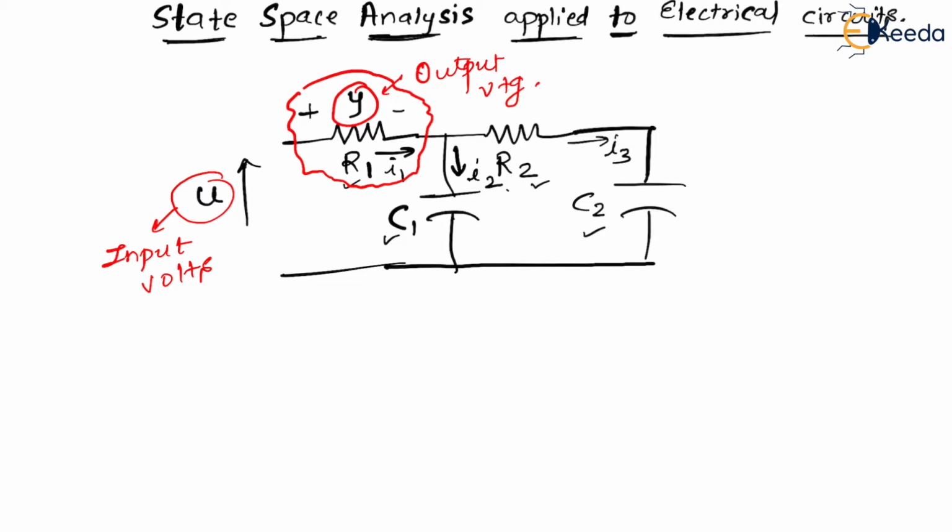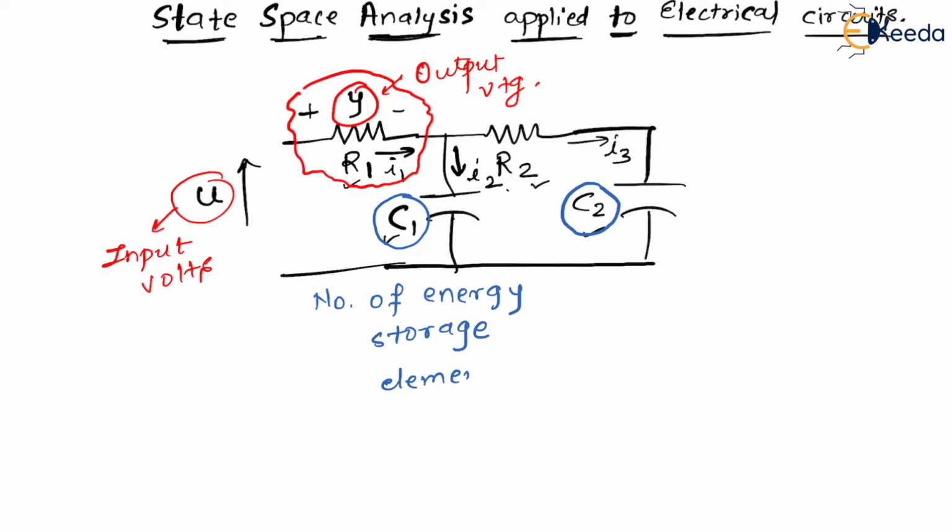Here, if you observe, this is C1 and this is capacitor C2. We know that capacitors are energy storage elements, and from the previous discussions, we have seen that the number of energy storage elements is equal to the number of states, or the number of state variables.